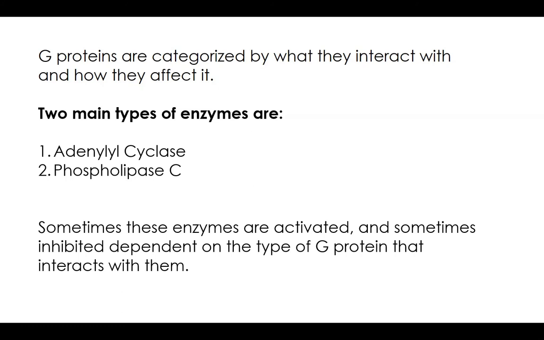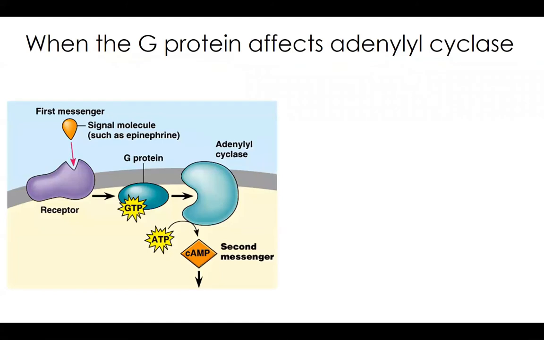I'm mostly going to focus on the ones that activate these enzymes, just so that we can get a good idea of how these pathways can work. So let's explore these two enzymes one by one, starting with adenylyl cyclase.